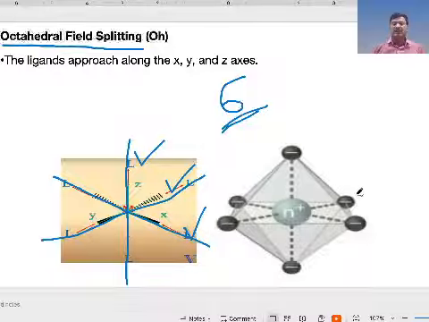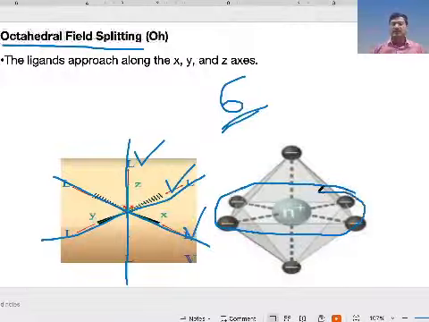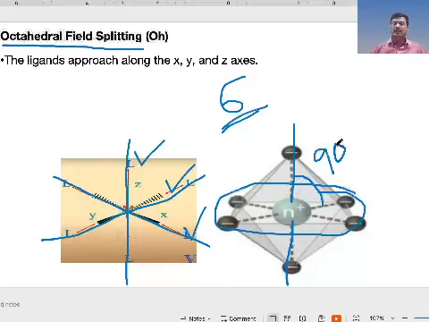When you see the octahedral structure, it looks like 4 ligands are present in the plane, 1 ligand is above and 1 ligand is below. And the bond angle between them is 90 degrees only.